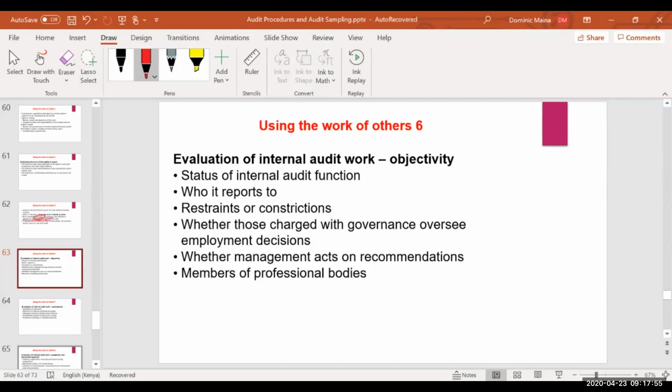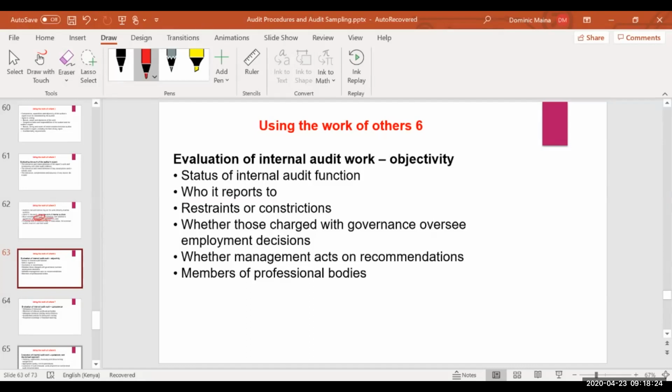Also consider the restraints or the constrictions imposed on the department. Take, for example, the budgets. Definitely, all the departments have their own budgets. But if the internal audit department proposes a budget of 10 million in a year, do they get 2 million out of the 10 million, for example?